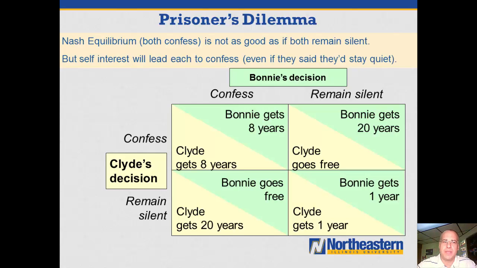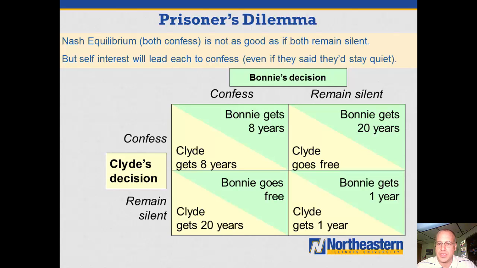Now, notice something that's important. The Nash equilibrium for both of them to confess is not as good for either of them as it would have been if they both remained silent. But self-interest leads them both to confess. They both prefer to confess, conditional on the strategy that the other one has chosen, right?